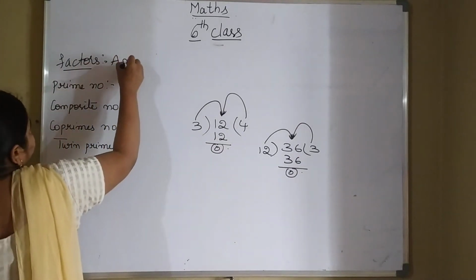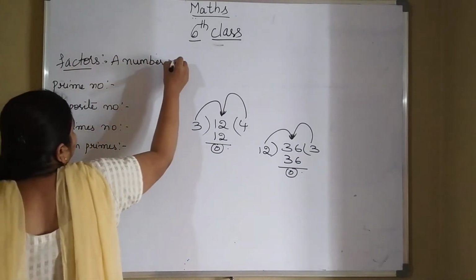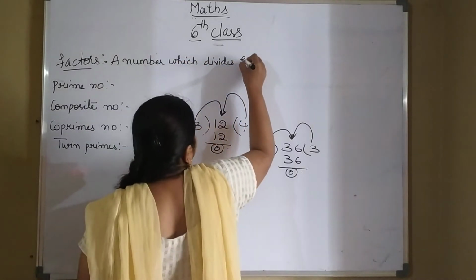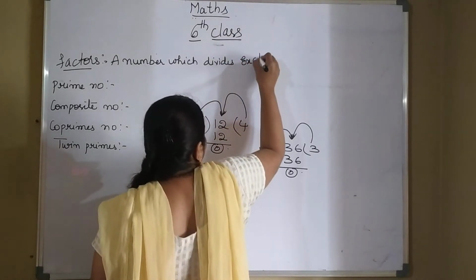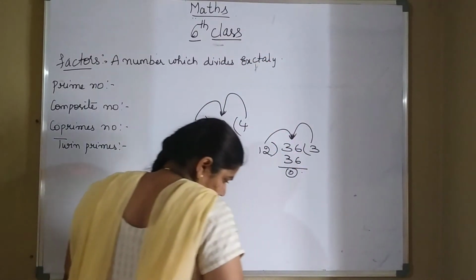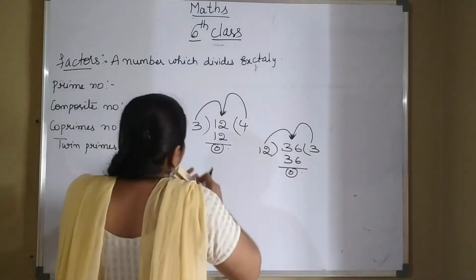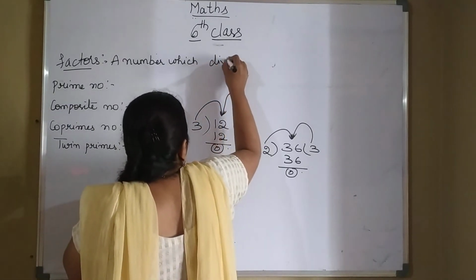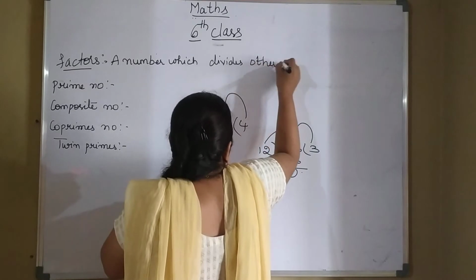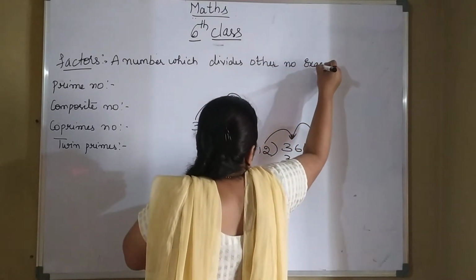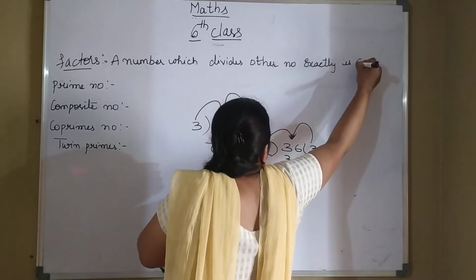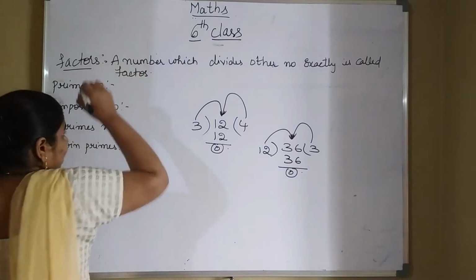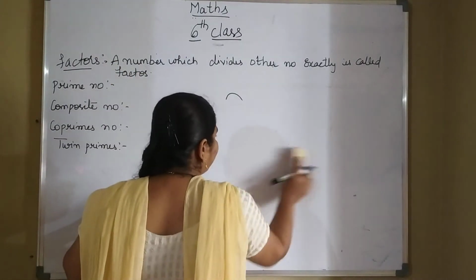A number which divides the other number exactly is called factors. So for example, you can take it as 12.